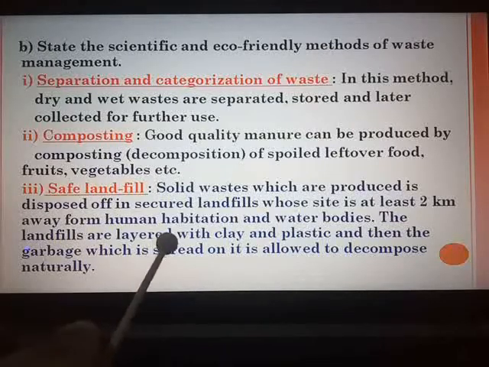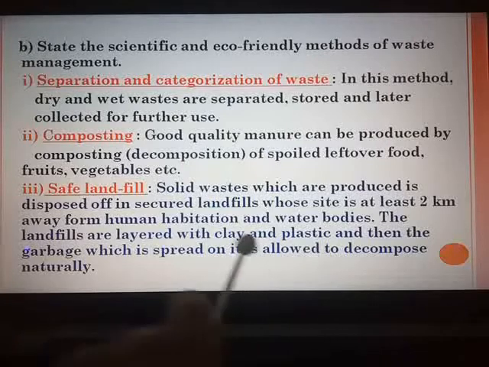The landfills are layered with clay and plastic, and then the garbage spread on it is allowed to decompose naturally. Apart from this, you will get the explanation of the landfill from sites on Google, so from that also you can write about the landfill.